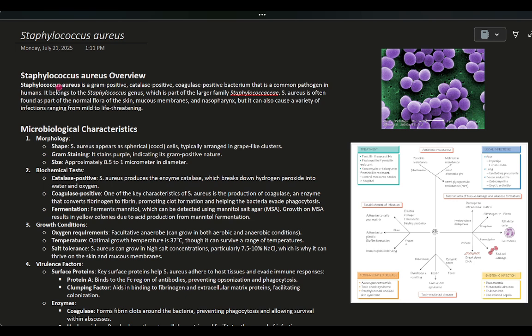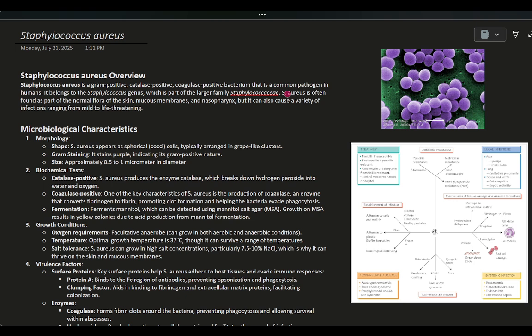Is this particular bacteria? Well, it is a gram-positive, catalase-positive, and coagulase-positive bacterium that is a common pathogen in humans. It's called Staphylococcus aureus because it belongs to the Staphylococcus genus, which is part of the larger family of Staphylococcae.